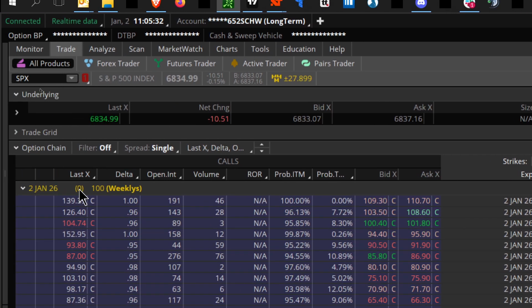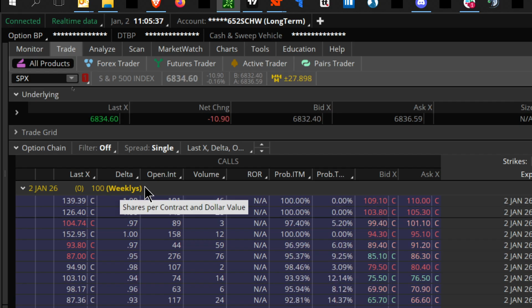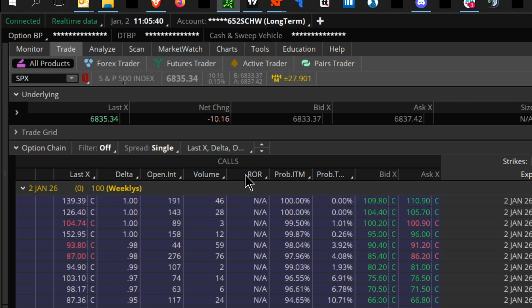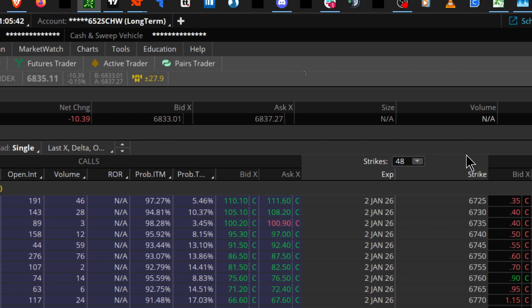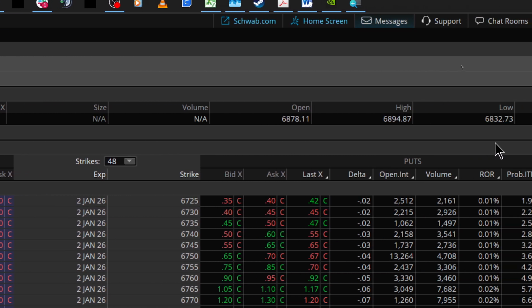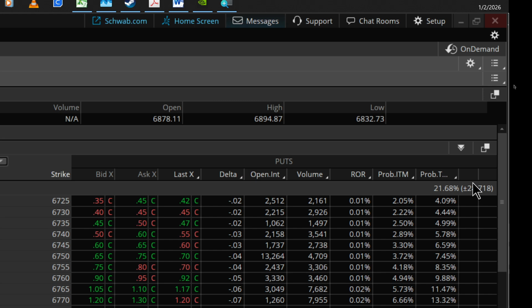I am looking at today's 0-day option. And of course, time-wise, we are a little bit after 11 a.m., so we've only got 5-6 hours left in the day. But the implied volatility right here is a formula also on plus or minus. Obviously, this is a dollar figure, but to the left you can see it's a percentage.